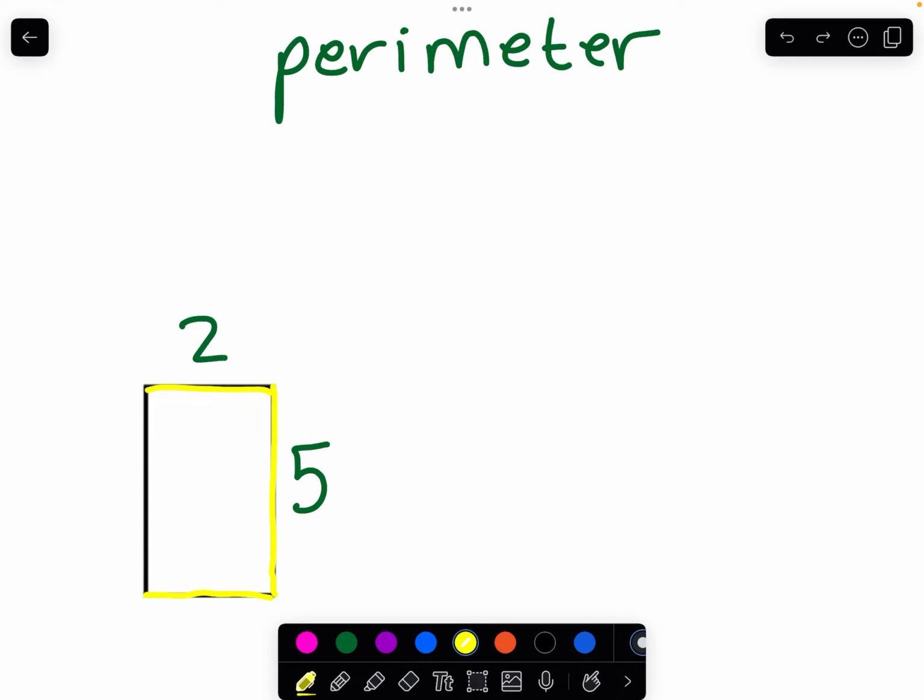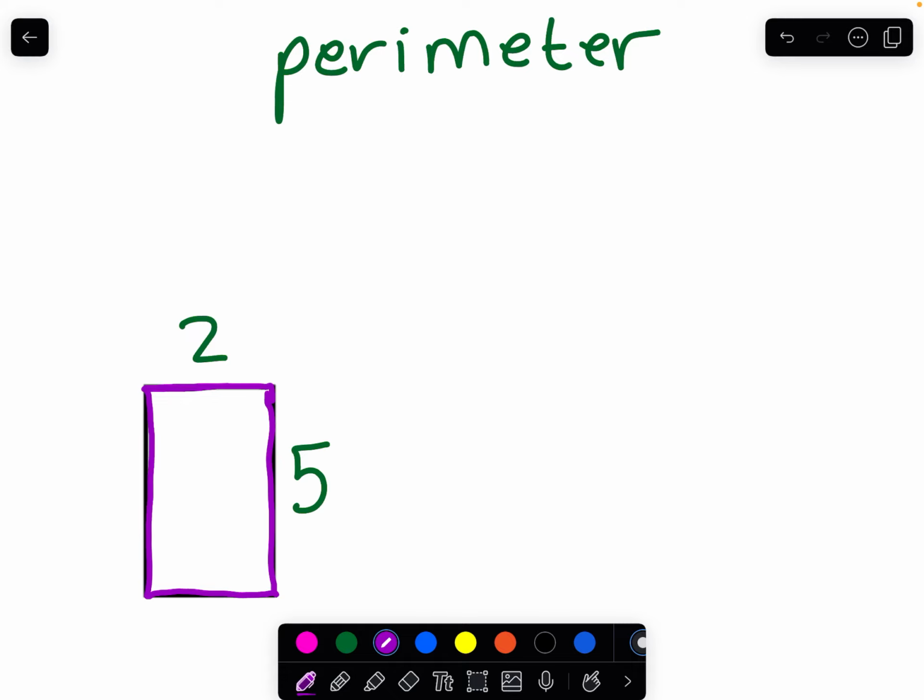Perimeter is a fairly straightforward concept in geometry. All the information we need is the length of each side, and then we add those sides together, and that gives you the perimeter, which is the distance around a shape in geometry.